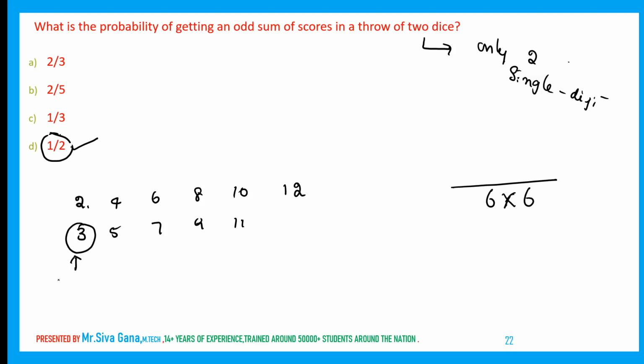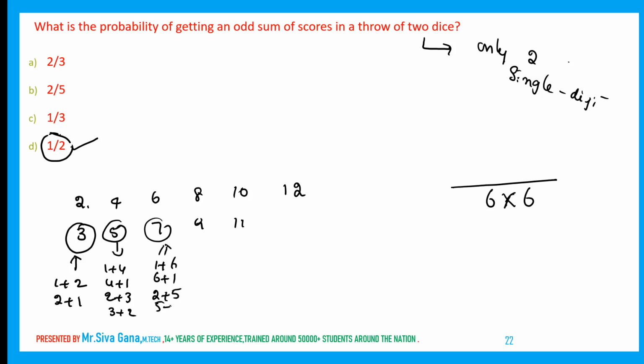Sum 3, we may get 1 plus 2 or 2 plus 1. Sum 5 possibilities: 1 4, 4 1, 2 3, 3 2. Sum 7 possibilities: first die 1, second die 6, or 6 1, 2 5, 5 2, 3 4, 4 3.